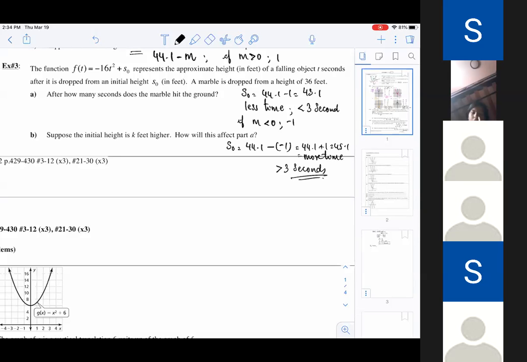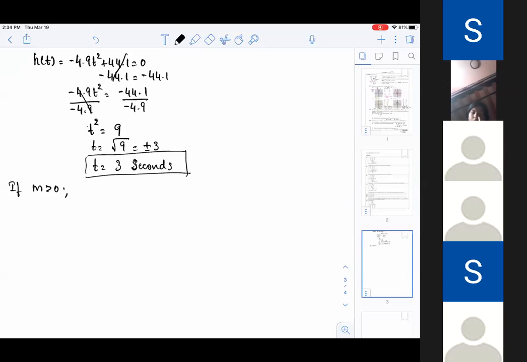Is that clear? Okay, I think I'm going to write this on the other page for people who are not here today. If m is greater than 0, let's say m is equal to 1, then the initial height is going to be 43.1, so it will take less than 3 seconds.